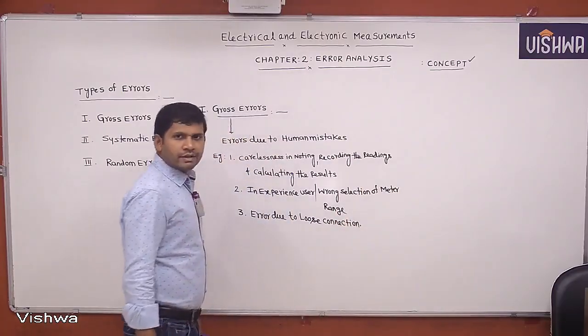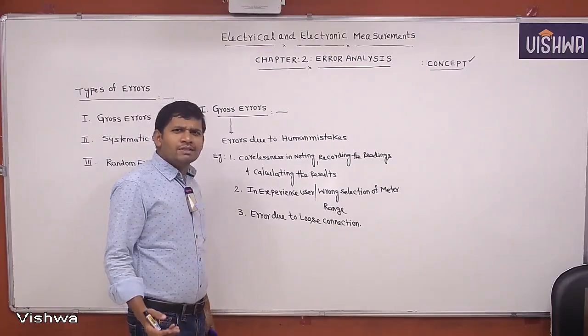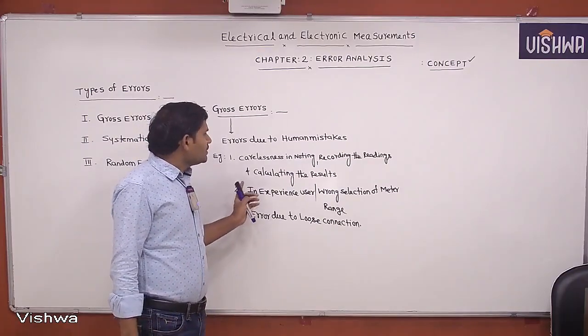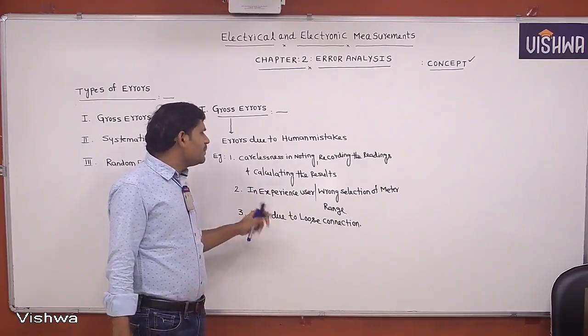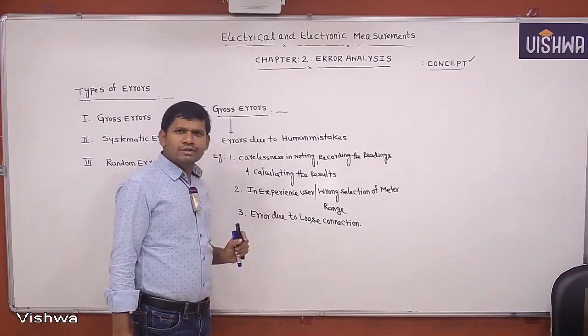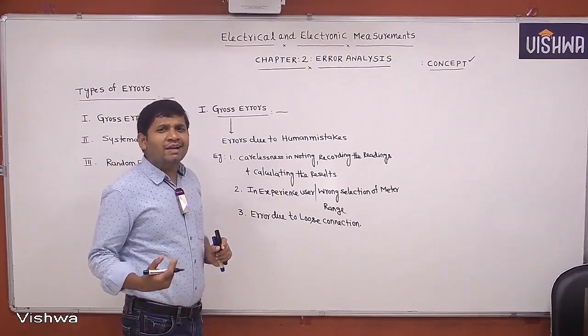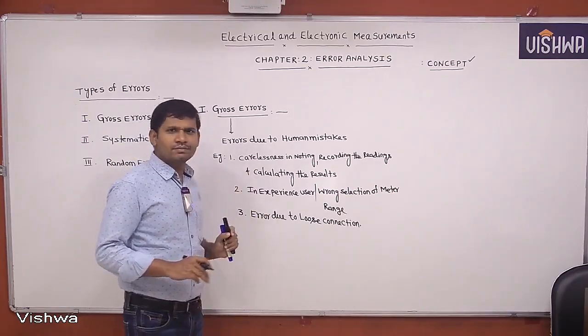These are the different reasons for gross errors: carelessness in noting, recording the readings and calculating the results, inexperienced user or wrong selection of meter range, error due to loose connections, or error due to incorrect adjustments. All these come under gross errors.